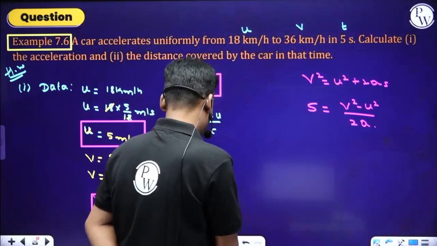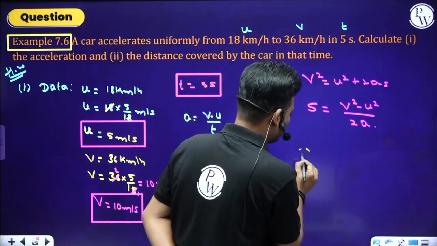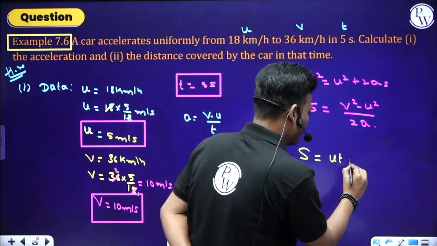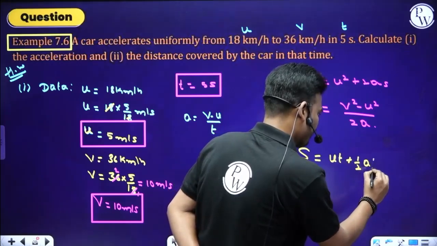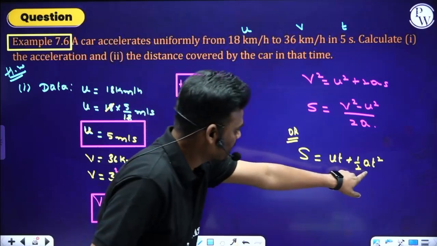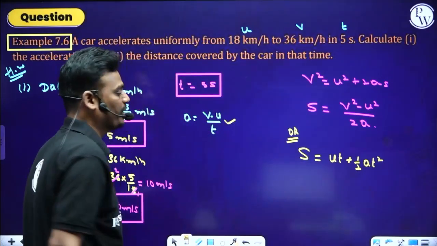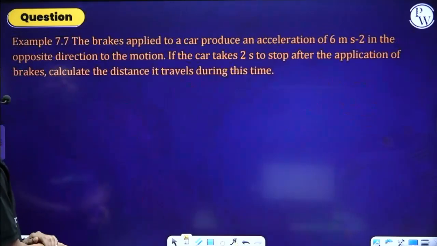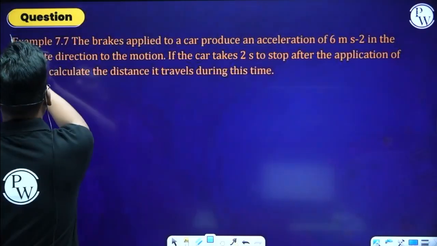Or else you can use s equals ut plus half at square. You get the a value from here. Got it? Now let's move on to the next concept. Again, next question.